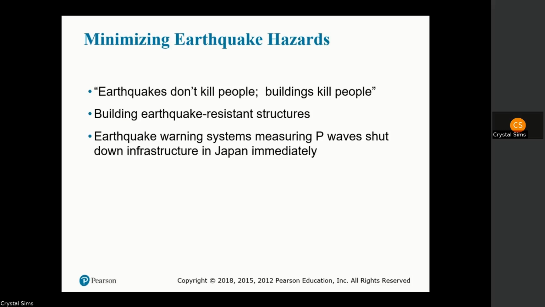Earthquake warning systems. P waves are less destructive and they travel faster than the S waves and surface waves. They can kind of be used to provide a little bit of a warning system. So in Japan, they have a system that causes power generating facilities and bullet trains to shut down once those P waves are measured.